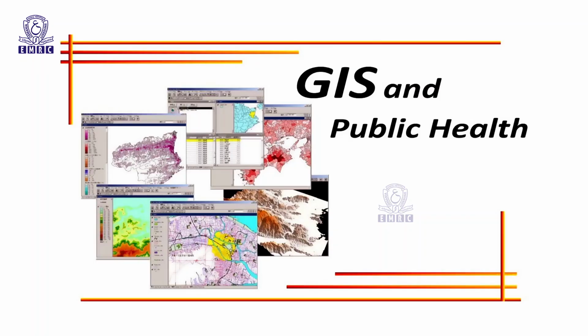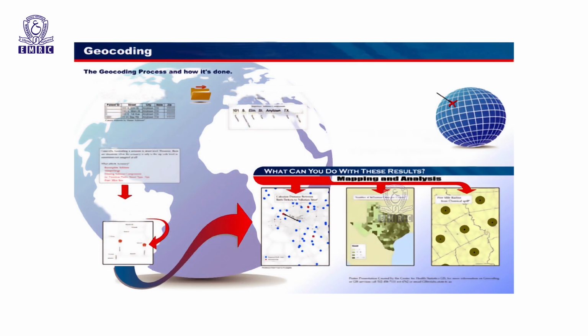Public health. Geocoding has become an important tool for research in public health and epidemiology in recent years. As part of their public health surveillance activities, health professionals use geocoding to locate and identify changes in patterns of human diseases.